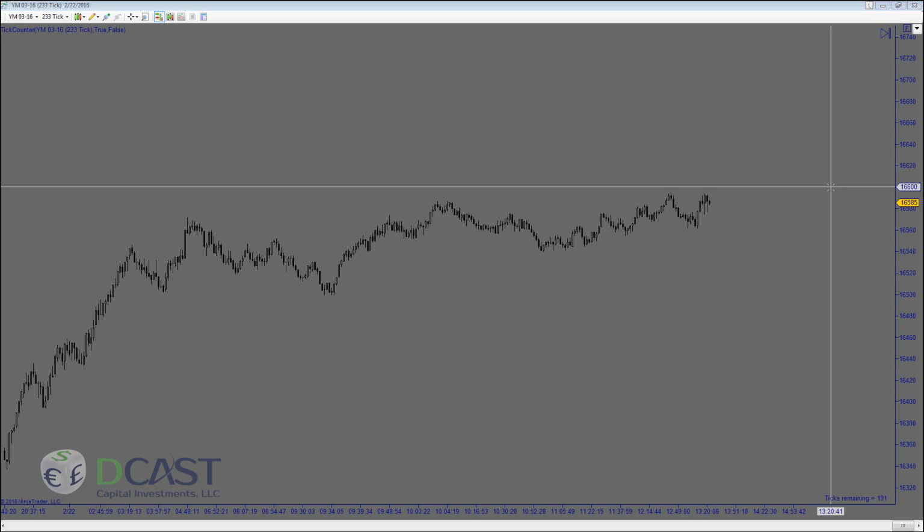Okay, most people have a tendency to draw lines for areas of support and resistance, and it's hard to hold price to a specific line, but when we start holding price to a specific area or zone, it becomes a much more powerful area that not only you can visualize, but you can see how price behaves in that zone to see if there is a transition from one side of buying or selling to the other side of buying or selling.